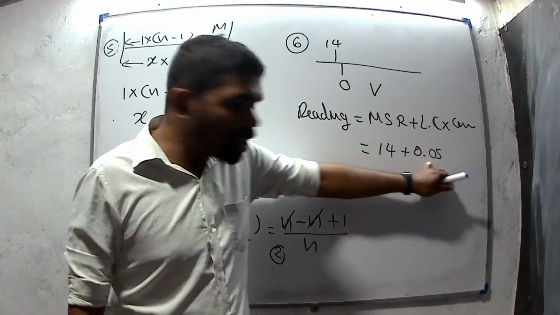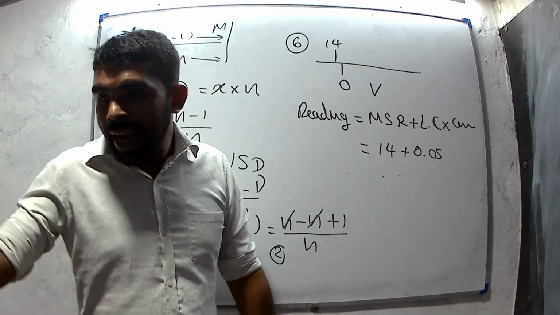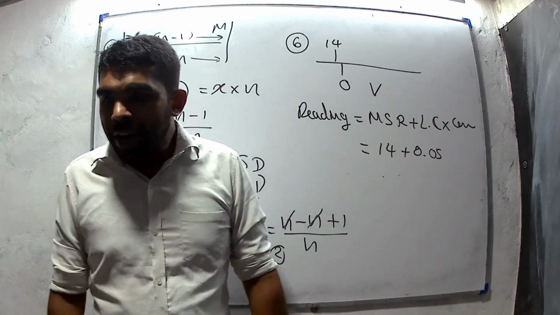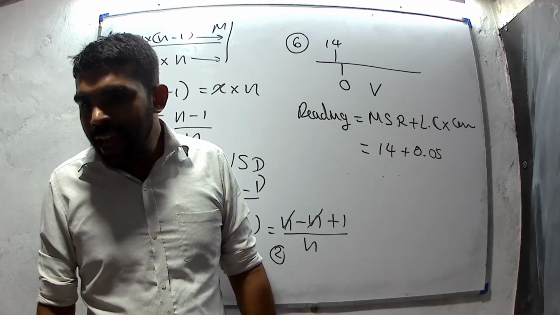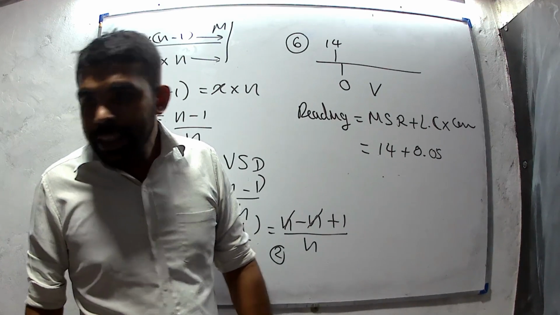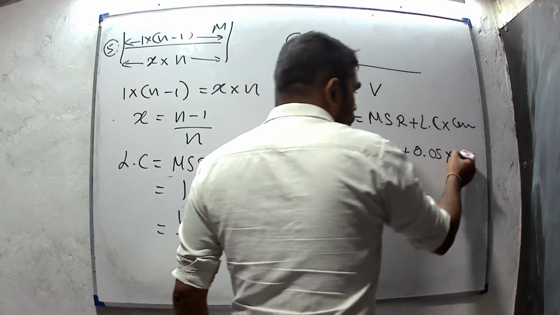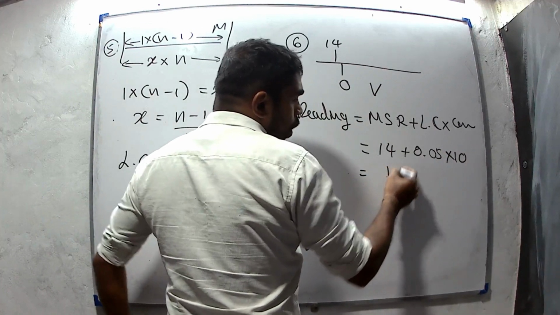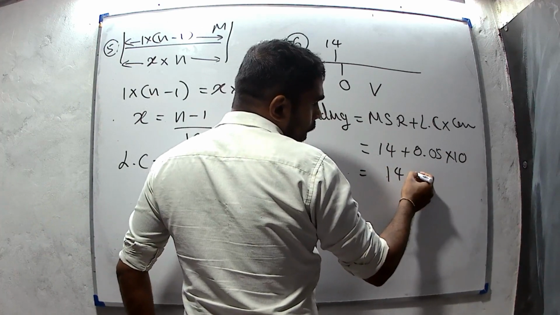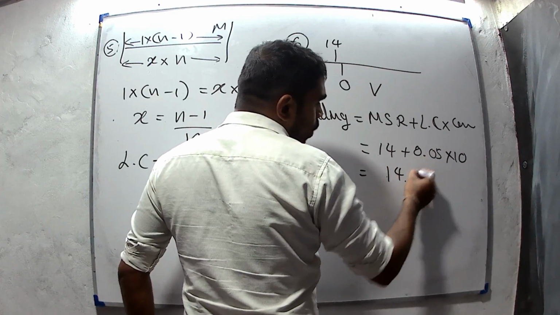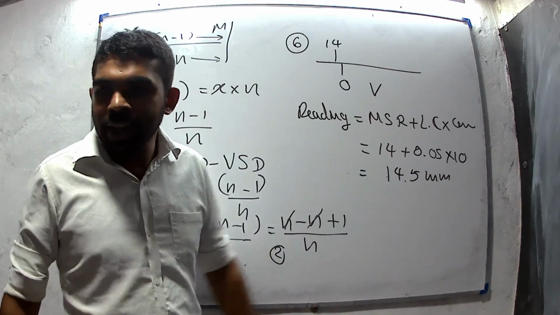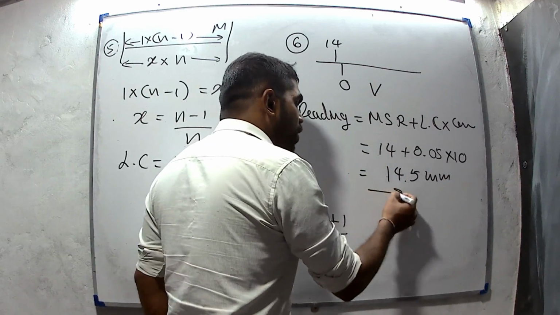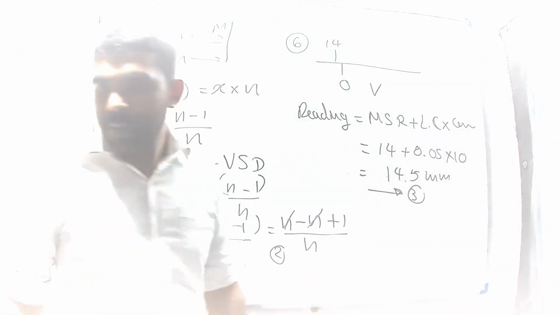Then least count is 0.05, and the coincided vernier scale part we can identify clearly in the diagram. It is the 10th part. Then 14.5 millimeters, it means 1.45 centimeters. Then the answer is the third one for question number 6.